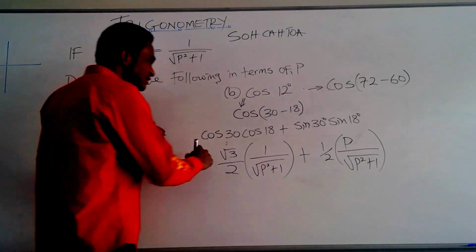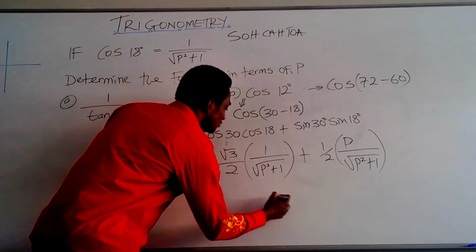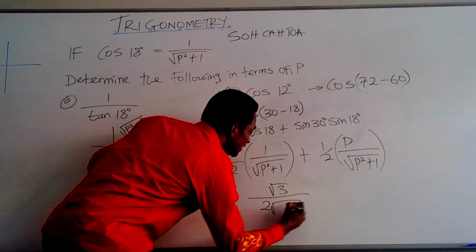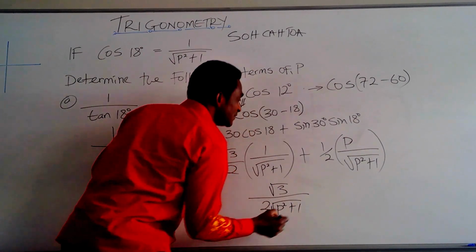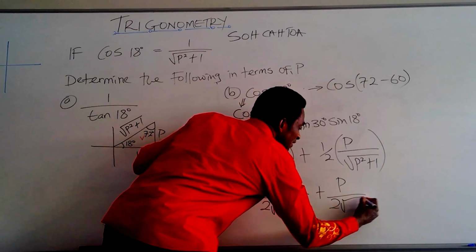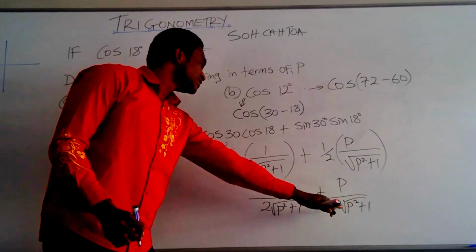Now, if we look at this, this becomes root 3 over 2 root p squared plus 1 plus p over 2 root p squared plus 1. We have a common denominator.